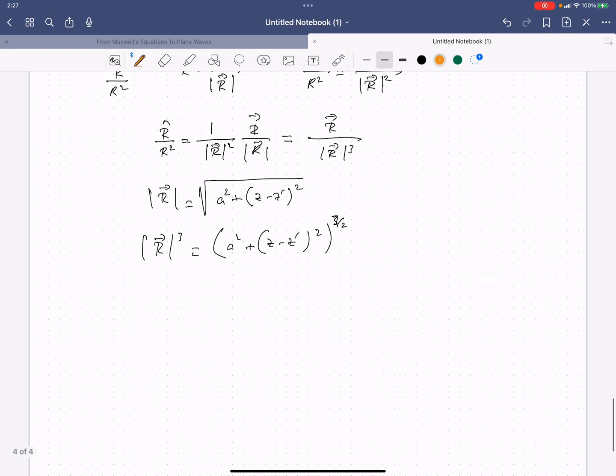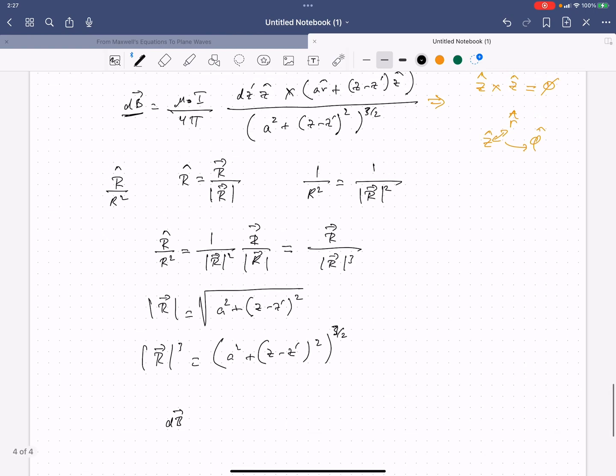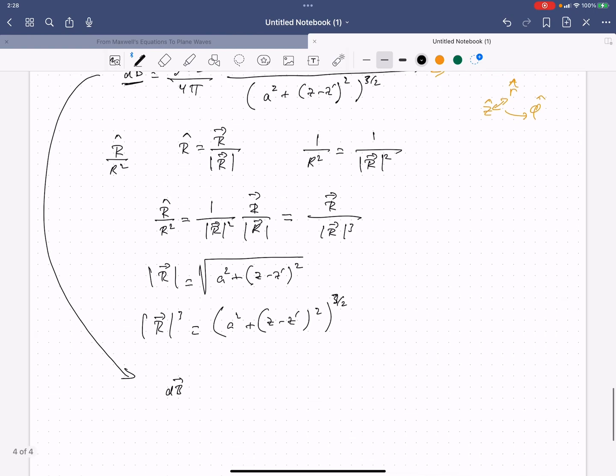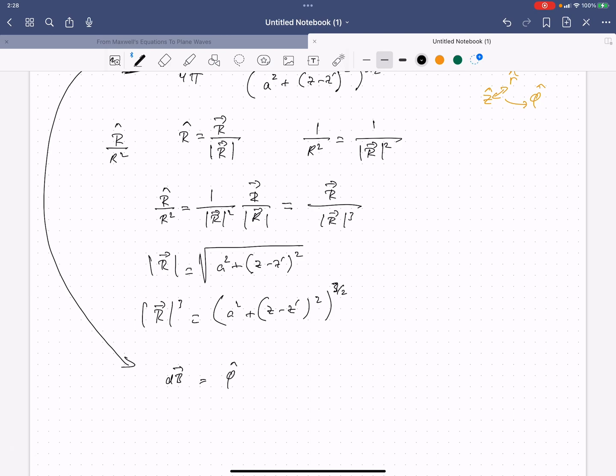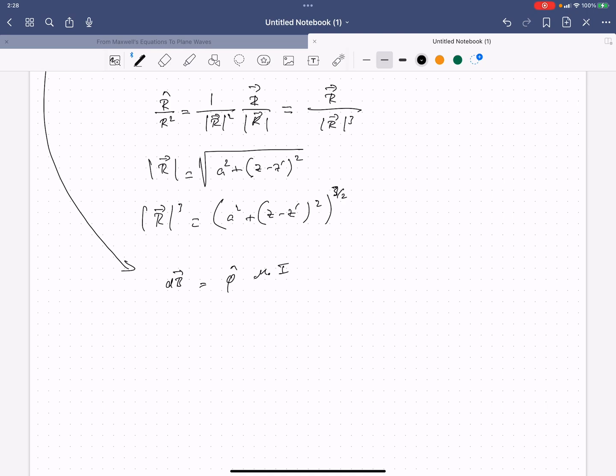So to write dB, back to dB here with all this good stuff in there, is equal to phi hat mu naught I dz prime over 4 pi a squared plus z minus z prime squared, the whole thing to the 3/2.